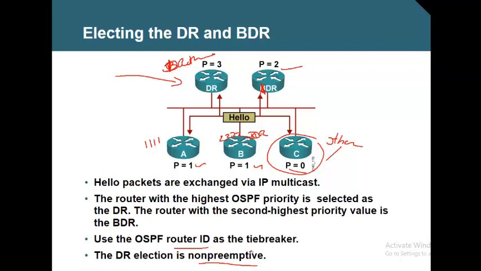Likewise, the DR collects the information from every other router and maintains it, so it cannot keep on changing. DR election is non-preemptive.